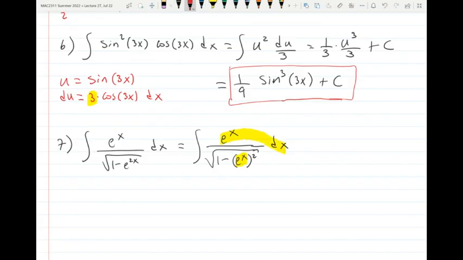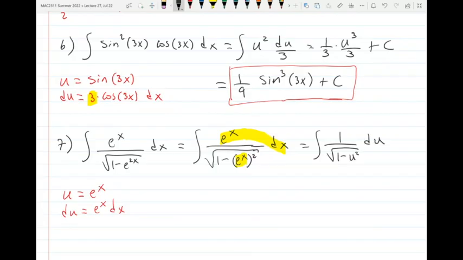Okay? So I'm going to make this first change, and then let's see what we obtain. If u is e to the x, then du becomes e to the x dx. So now we have the integral of 1 over square root of 1 minus u squared du.